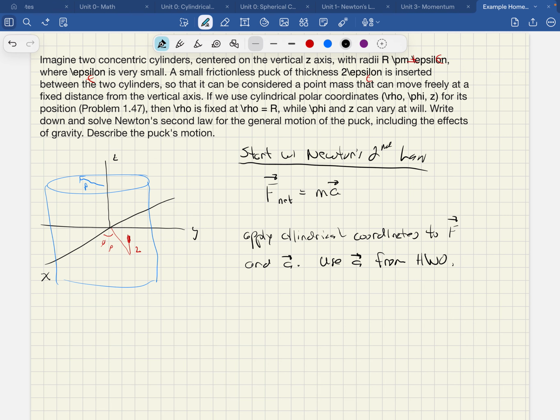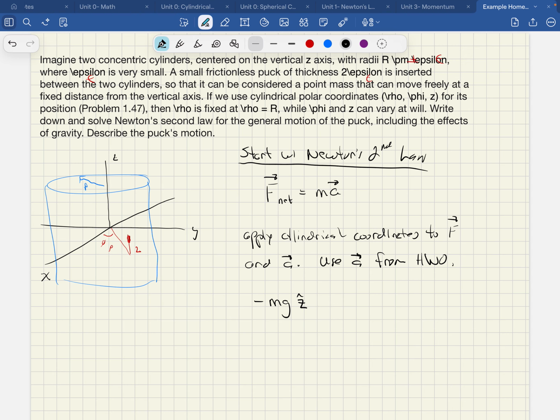Okay, and I actually want to think a little bit about what to put in for the forces. We are told that there's gravity, so that's going to be a z force. So the force is going to be minus mg z hat. We are also told that the particle rotates freely along the cylinder. So that means there's no friction, and so there's not going to be any force along the phi direction.